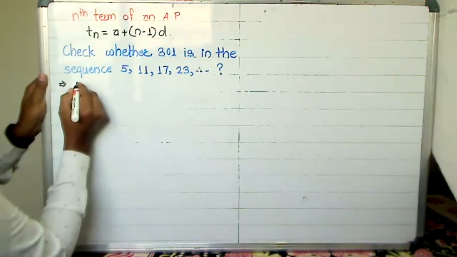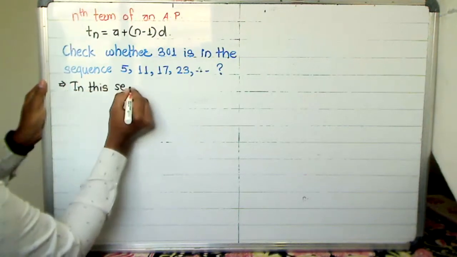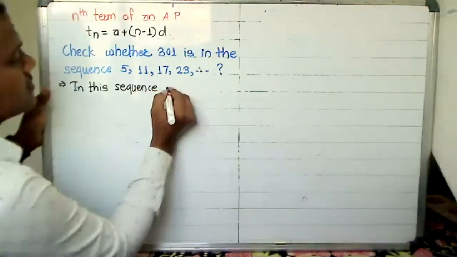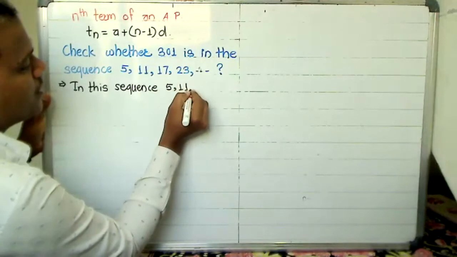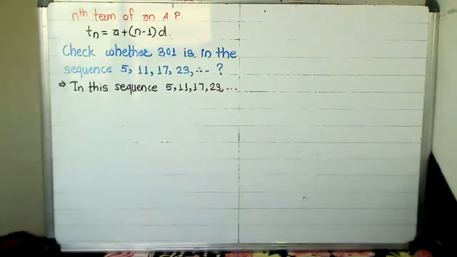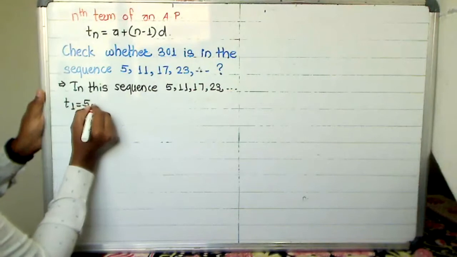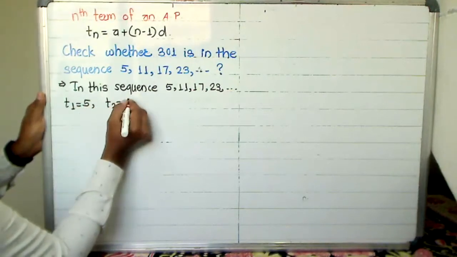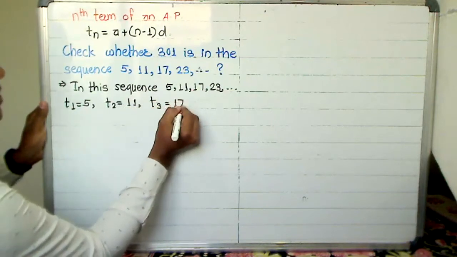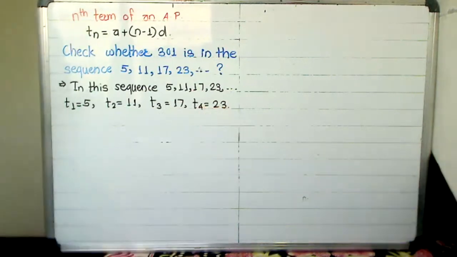Now the solution. In this sequence 5, 11, 17, 23 and so on, T1 is equal to 5, T2 is equal to 11, T3 is equal to 17 and T4 is equal to 23.